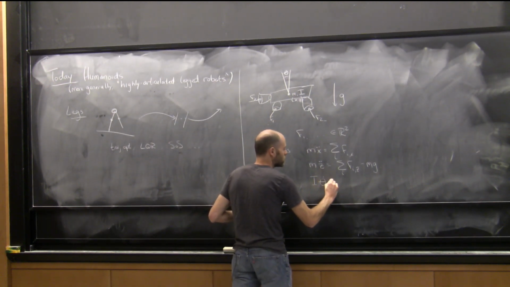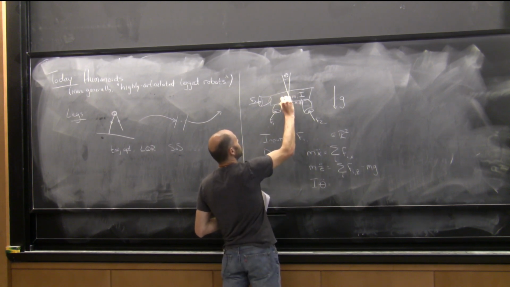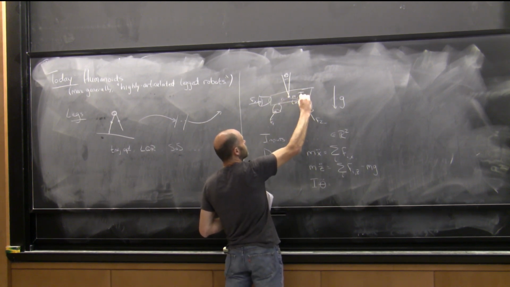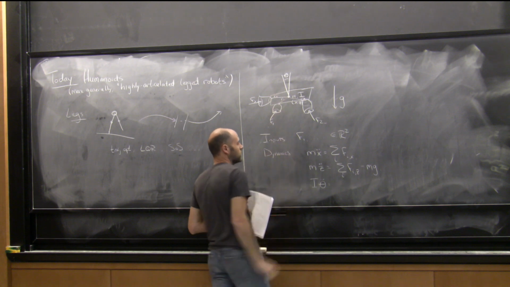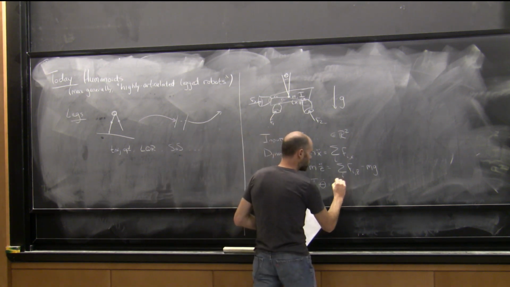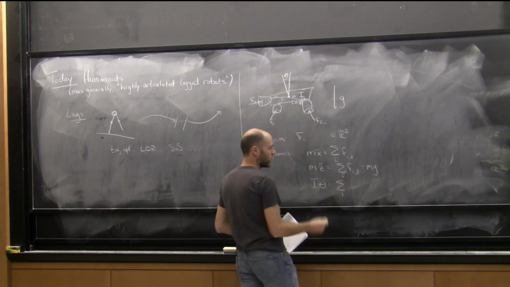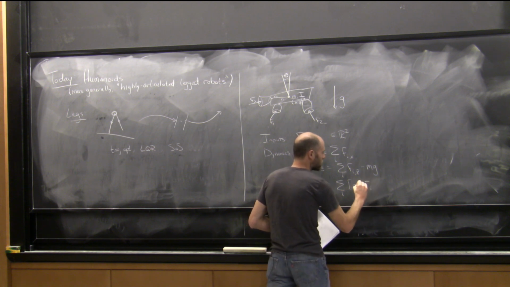And even the rotational parts, if I just say that these things are at positions r1 from the center of mass, there's some vector r2, r3, where the force is being applied, then the total moment coming from that is just Ri cross Fi.